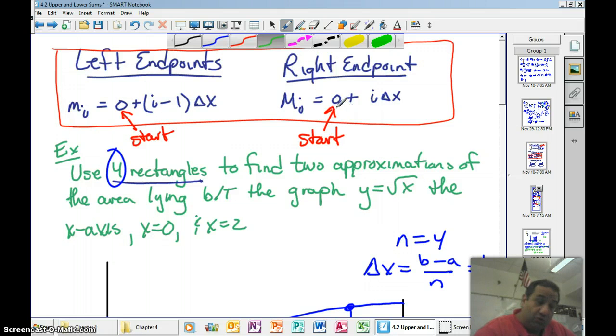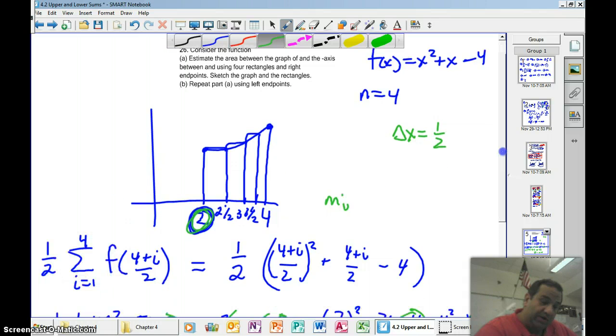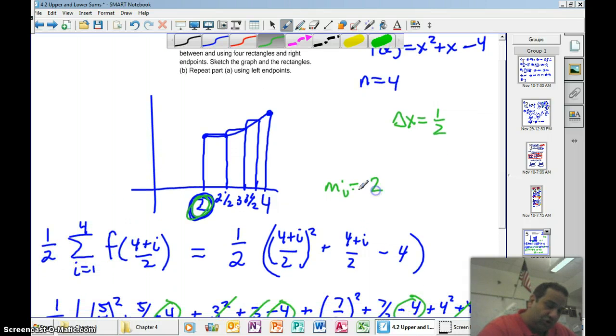So it's going to be 2 plus i times 1/2, and this one's going to be 2 plus i minus 1 times 1/2. So it's where to start. So m of i equals 2 plus i times 1/2. Okay?